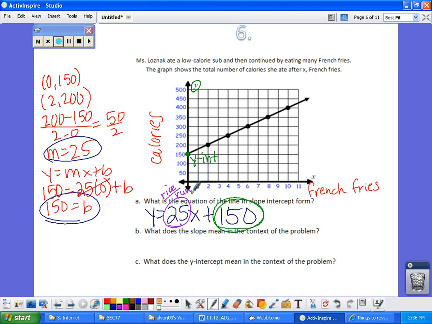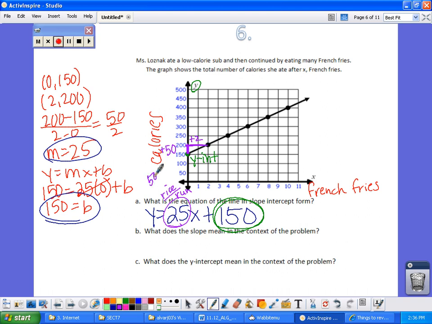Now here's where you have to be really careful. I'm going up 1 unit, but within 1 unit, I'm really going up 50. And when I go over 2, I'm really going over 2. So I have to be very careful when I do the rise and the run that I'm not just looking at lines on the graph, but I'm looking at how much each unit is worth.